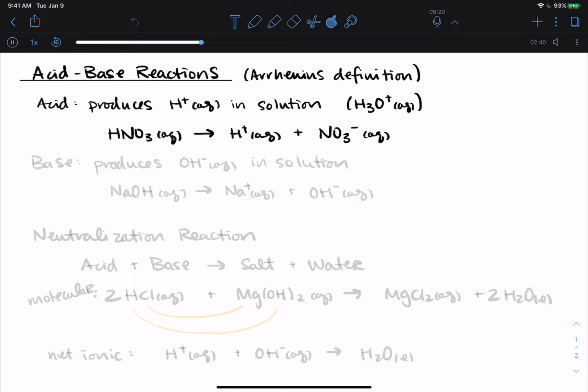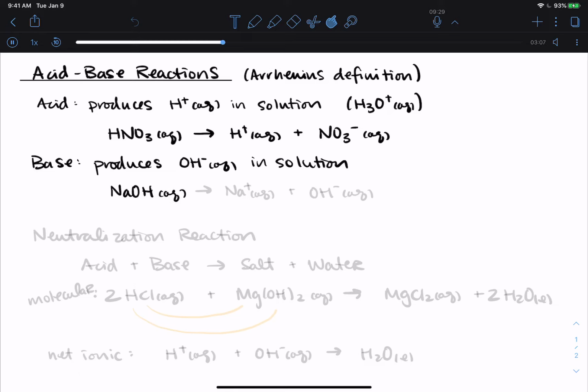Alright, so a base is something that produces OH- in solution. Now these you probably would have written appropriately on your own because the bases that follow the Arrhenius definition are all things like sodium hydroxide.